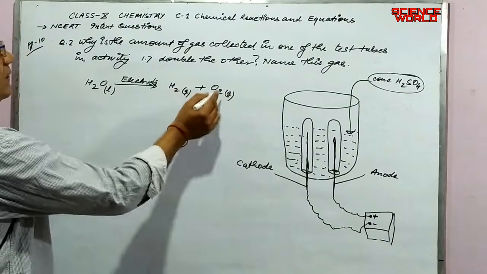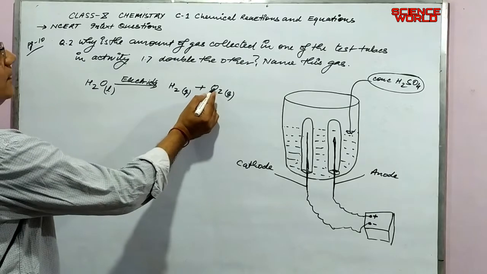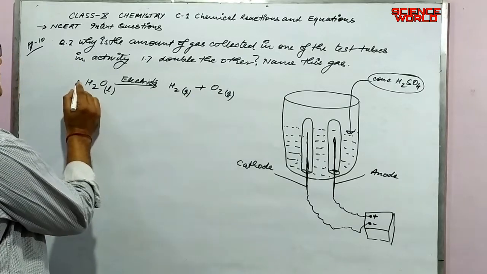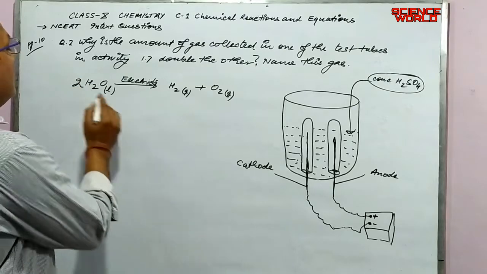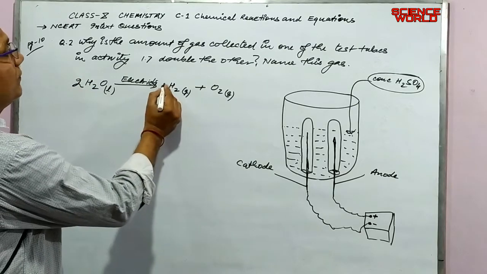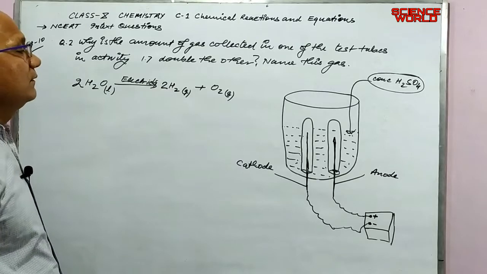You can very easily balance it. Here you can see 2 oxygen atoms, so multiply it by 2. Then there are 4 hydrogen, so multiply it by 2.